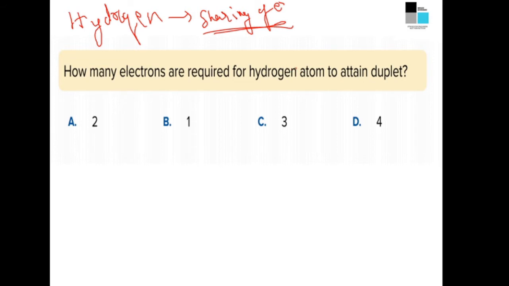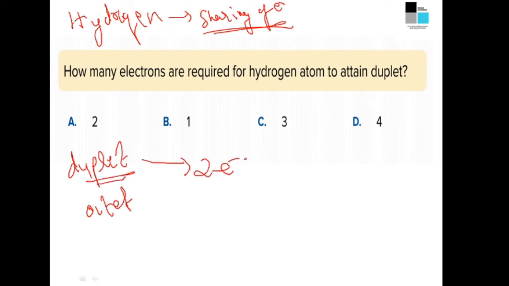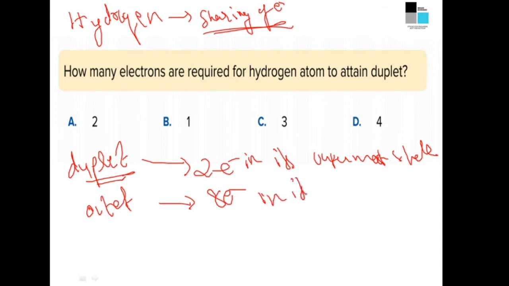Some important terms we have to know before discussing are the duplet and octet. Duplet means to have two electrons in its outermost shell, and octet means to have 8 electrons in its outermost shell.